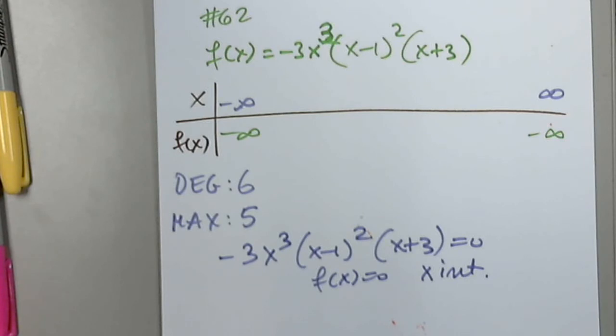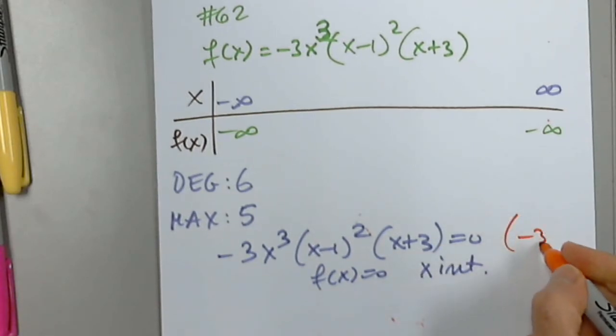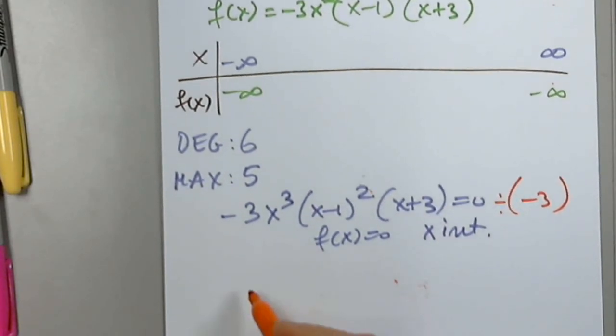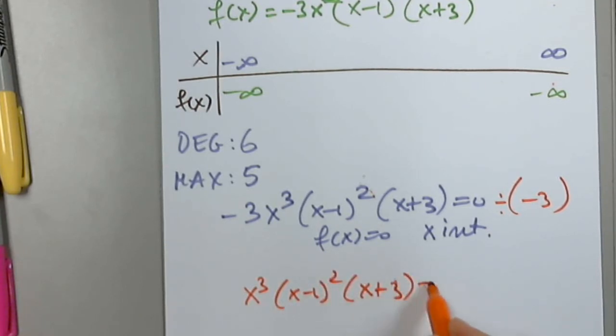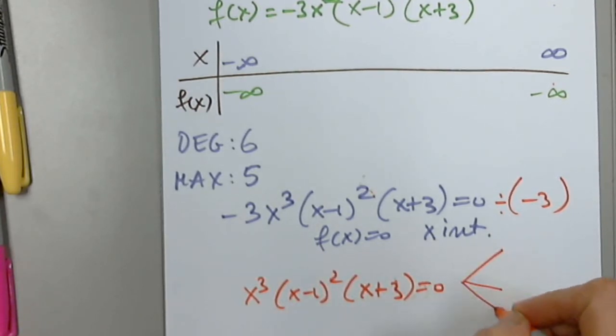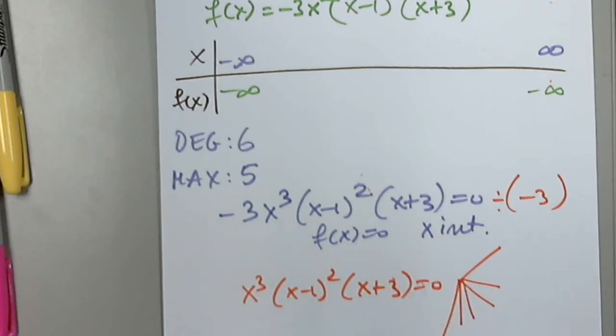I always clean it up first. How do I clean this one up? Dividing both sides by? Very good. So I have x cubed, x minus 1 squared, x plus 3 equals 0, and I'm waiting for 6 solutions.